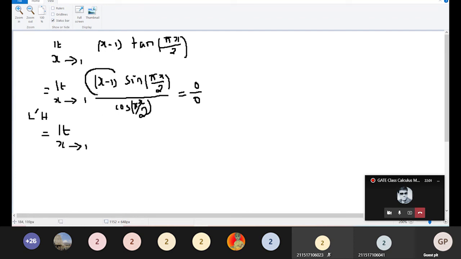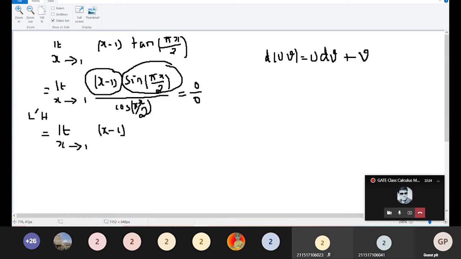Here you have two functions, x minus 1 and sine of pi x by 2, so we have to apply the product rule. Differentiation of uv is u dv, keeping the first function as it is and differentiating the second, plus keeping the second function as it is and differentiating the first.